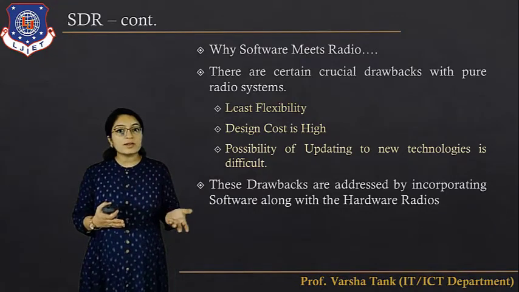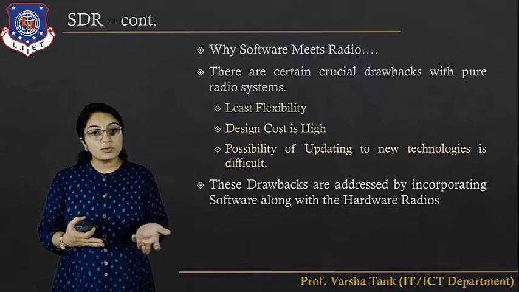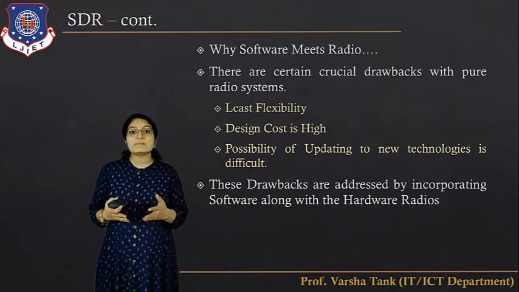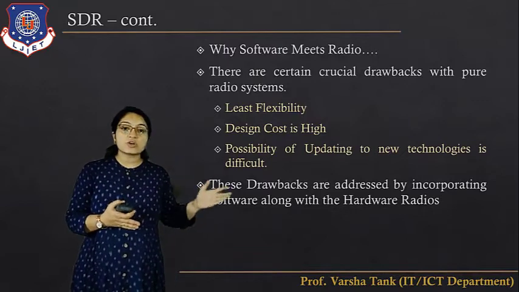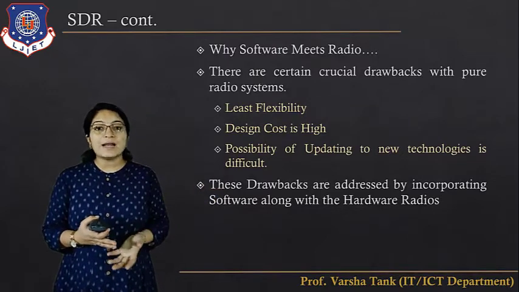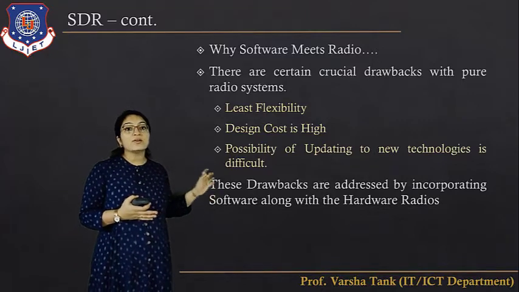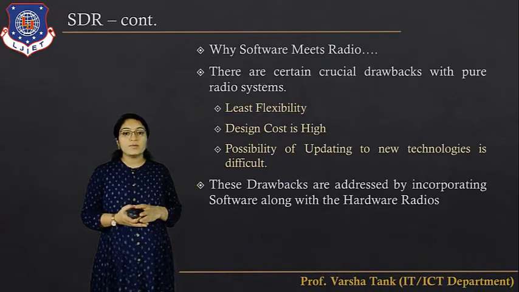But if it is software defined, it becomes easy. Why easy? Because if a new software update comes, you can update your mobile system. In the same way, if the radio is combined with the software, it is very easy to update that system. So these drawbacks are addressed by incorporating the software along with the hardware radios.